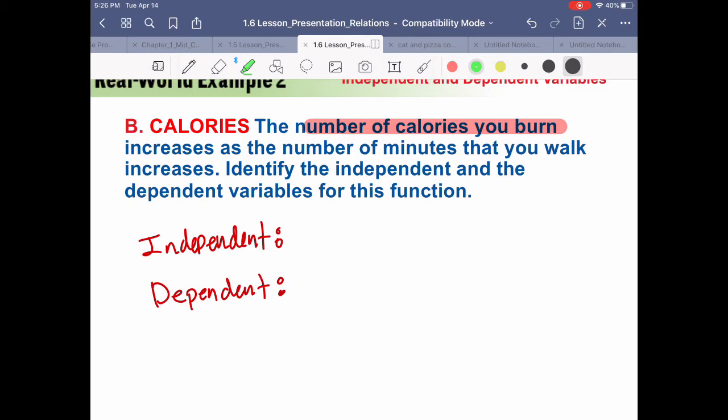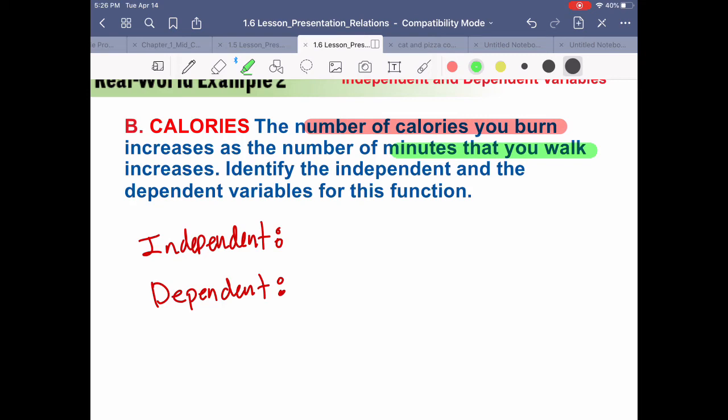As the number of calories you burn increases, the number of minutes that you walk increases. So does the amount of calories depend on the number of minutes that you walk, or does the number of minutes that you walk depend on the amount of calories that you burn?